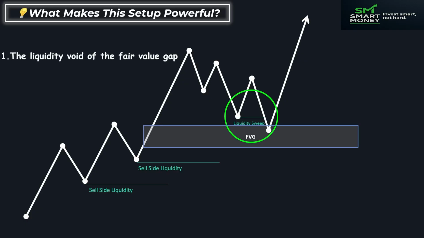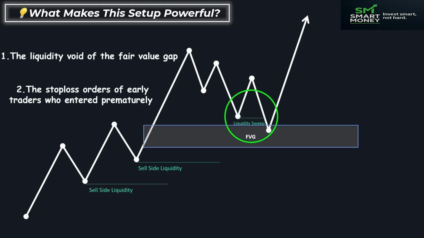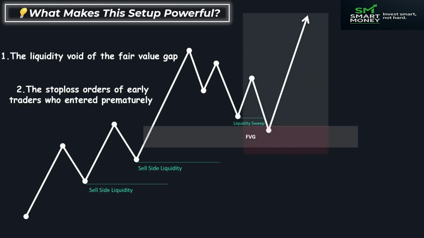First, the liquidity imbalance inside the fair value gap, and second, the stop losses of early traders who entered too soon. Once both of those are taken out, the path becomes much cleaner for price to move decisively toward the next liquidity pool. And that is exactly what makes this setup so effective. It's not just a technical pattern, it's built on real market logic.